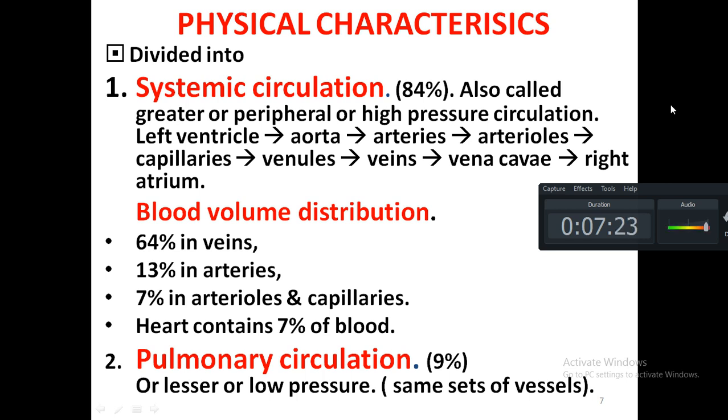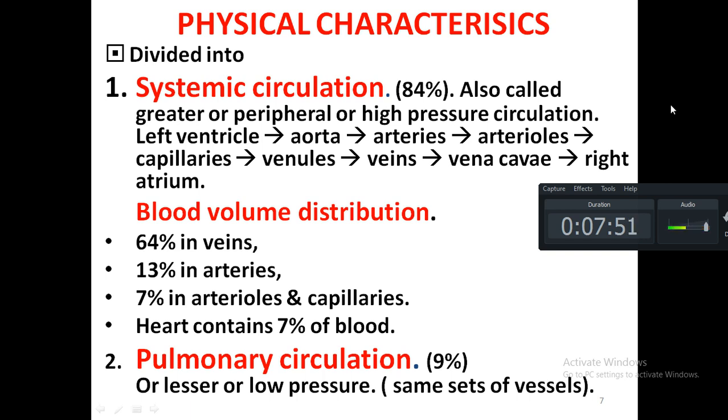In this circulation, the blood from the left ventricle goes into the aorta, and from the aorta it passes on to the arteries and then the arterioles and then the capillaries, and from the capillaries the blood enters into the venules, that means small veins, and then the bigger veins, and then the superior and the inferior vena cava, and eventually it enters into the right atrium.